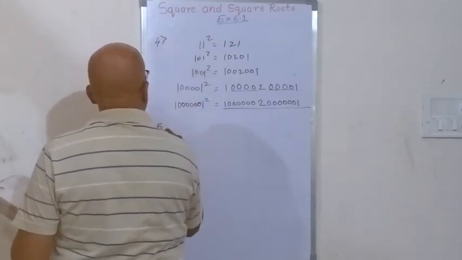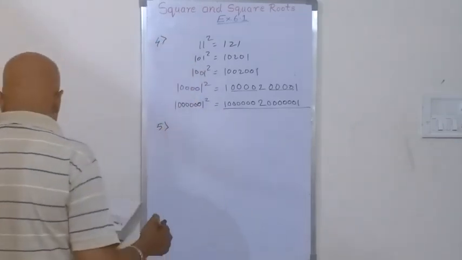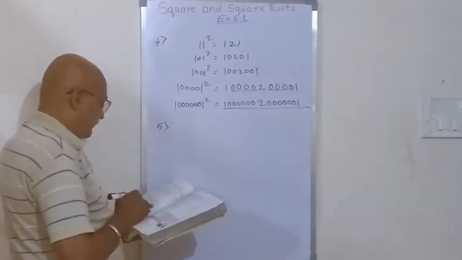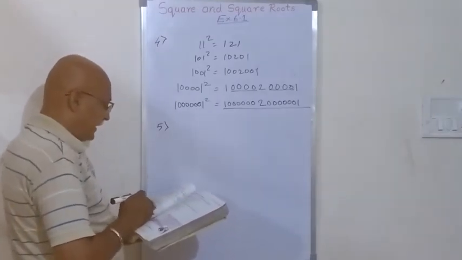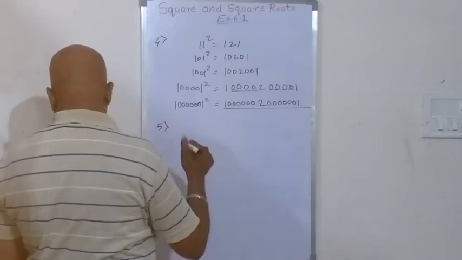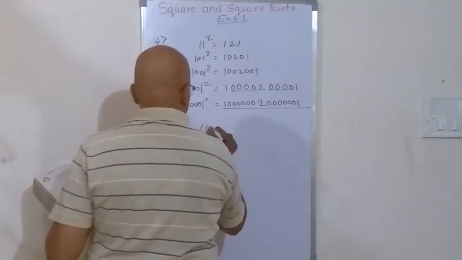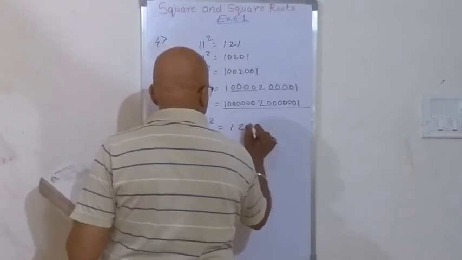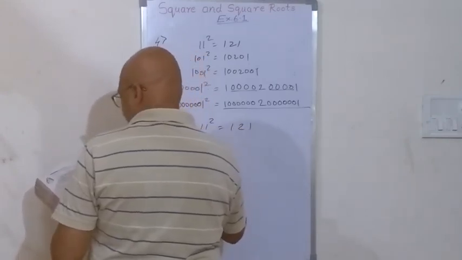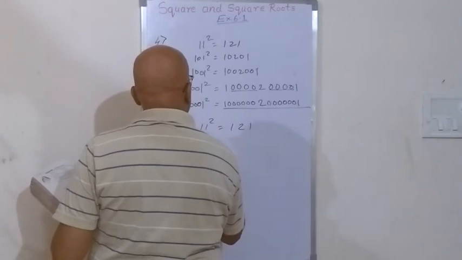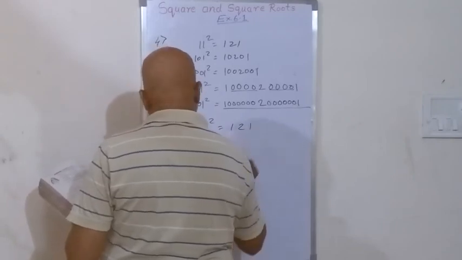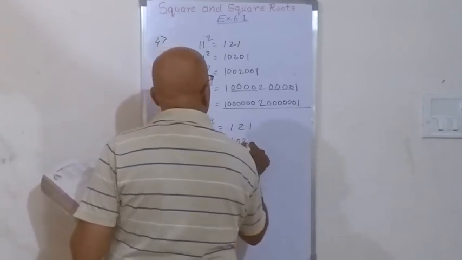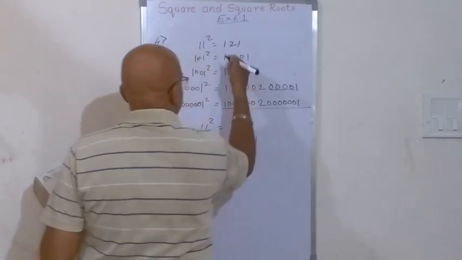Now fifth one. In the fifth one, again it is observe the following pattern and supply the missing numbers. Here it is 11 square equal to 121. Then it is 101 square equal to 10201, same as here.